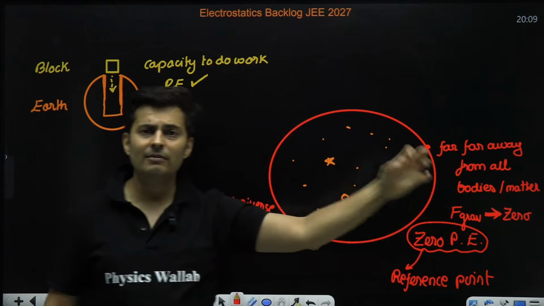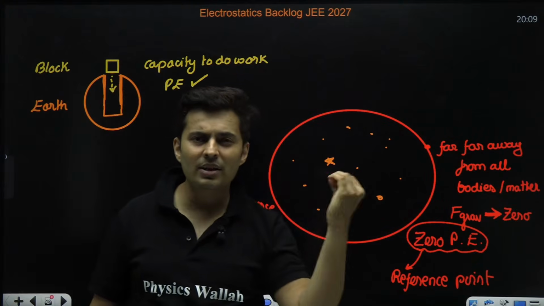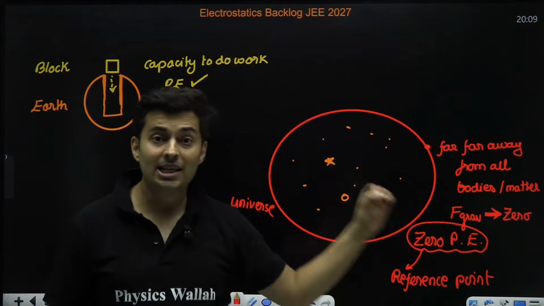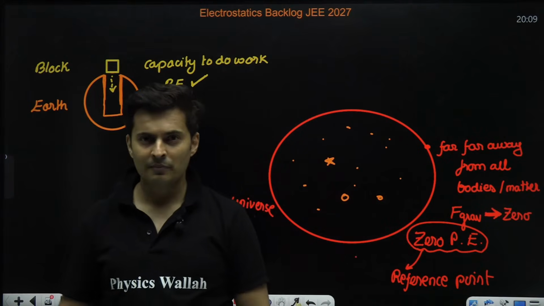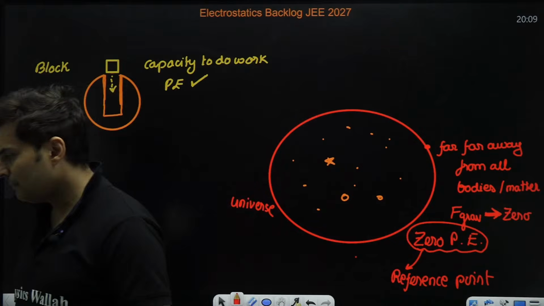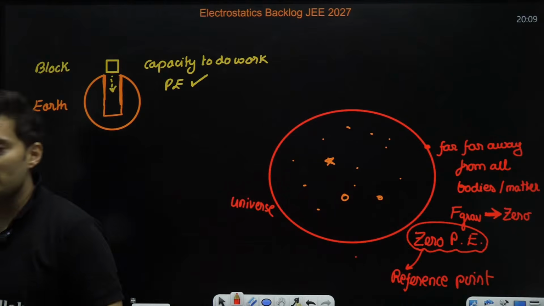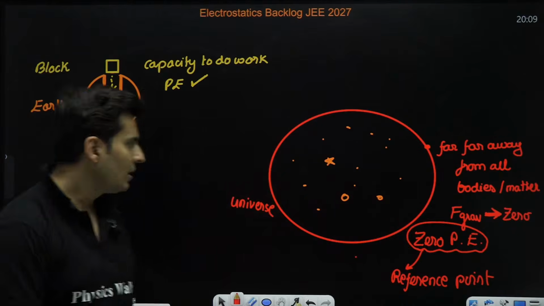So even if I leave that object, it won't move, it has no ability to perform any work. So 0 potential energy is the 0 point reference. Is that clear, everyone? Why is it called 0 reference energy?